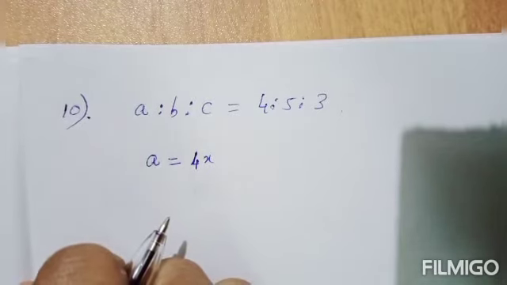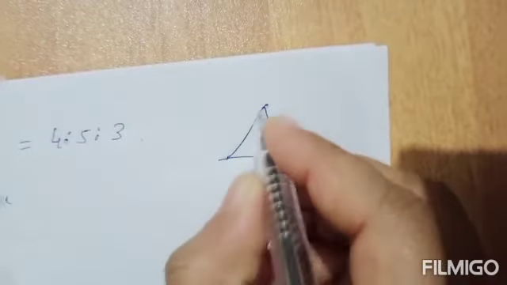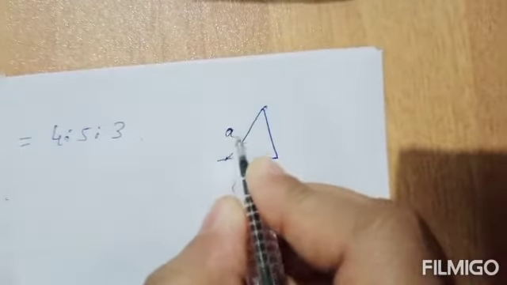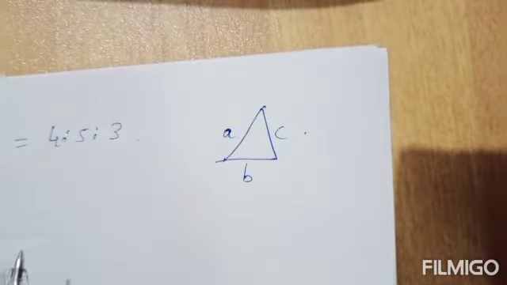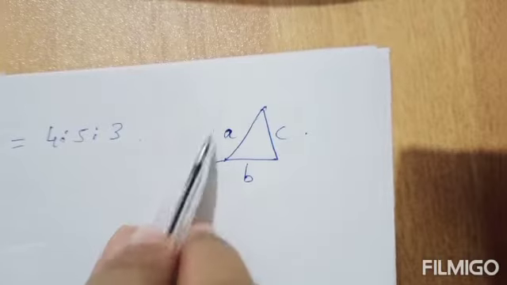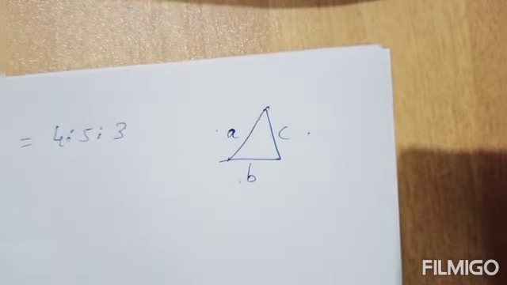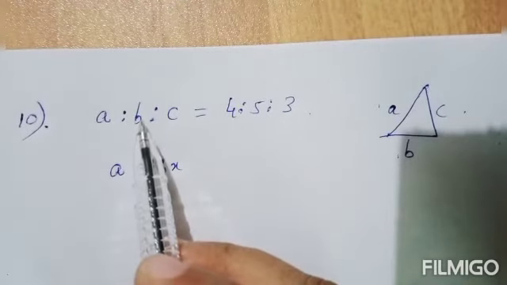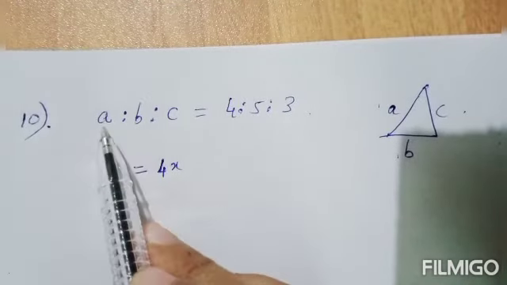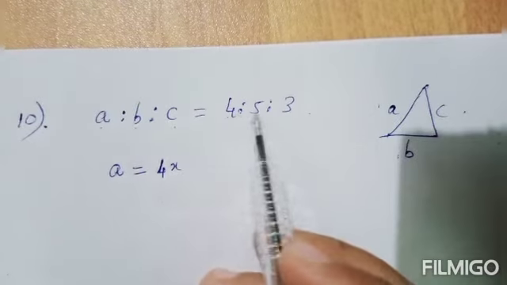Find its area. So let us take a triangle with sides A centimeter, B centimeter and C centimeter in length. What is given in the question? The ratio of the lengths of the sides is given: A is to B is to C equal to 4 is to 5 is to 3.